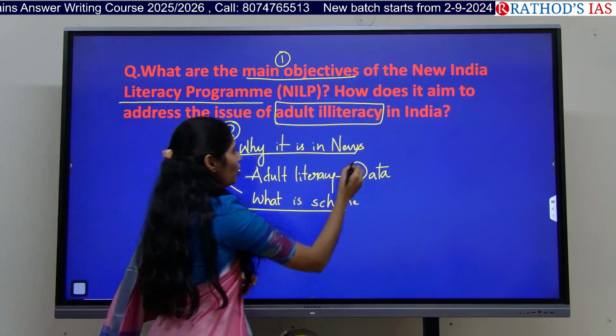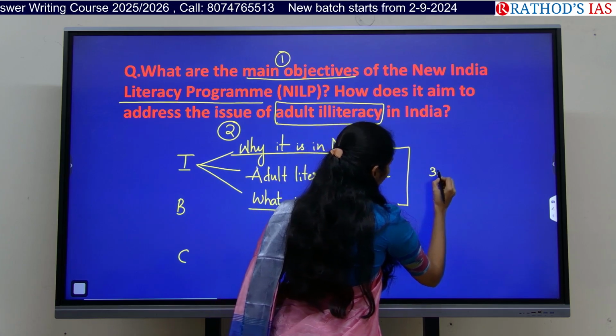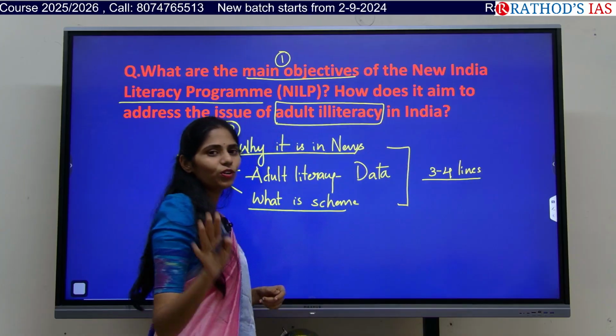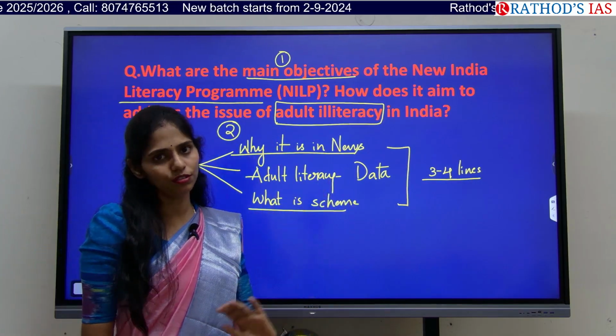So what are the rules? How many lines do you have to write? Not more than 3 to 4 lines. Whatever you want to write, try to consolidate it within 3 to 4 lines.